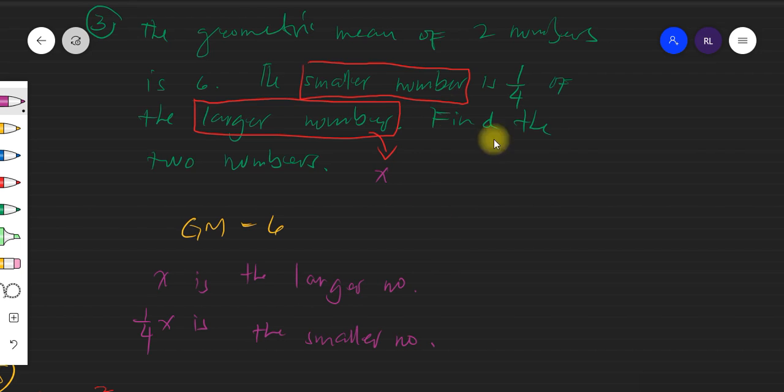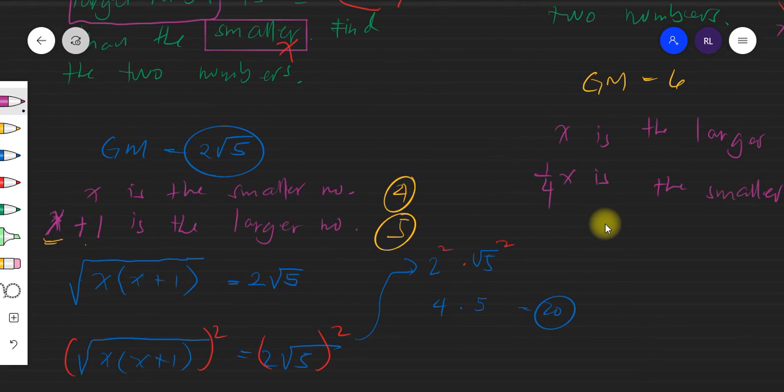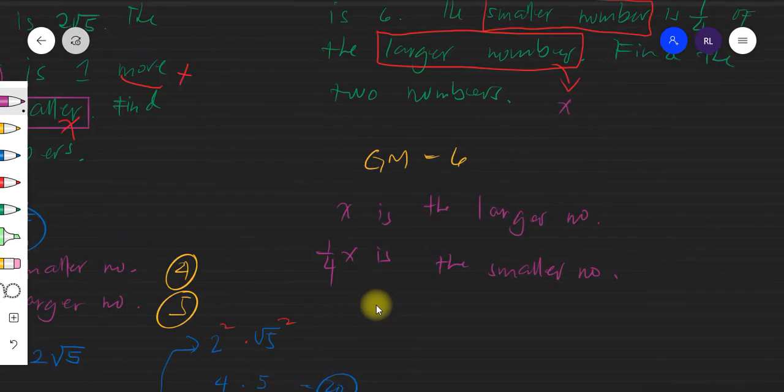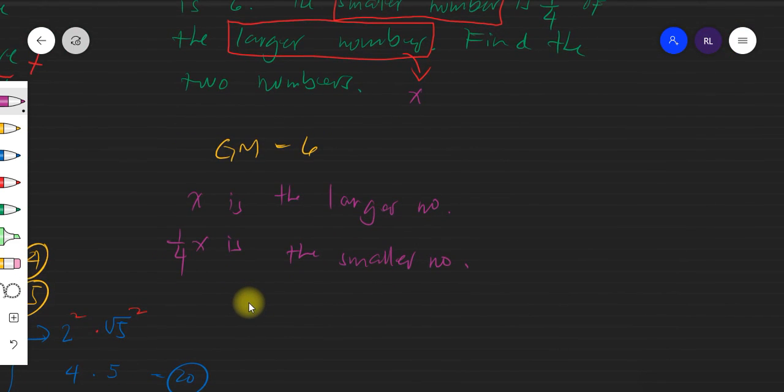So we will set up our equation. How do we do it? We multiply the two numbers, take the square root, equals the geometric mean, the same as a while ago. Multiply the two numbers, take the square root of that, equals the geometric mean.